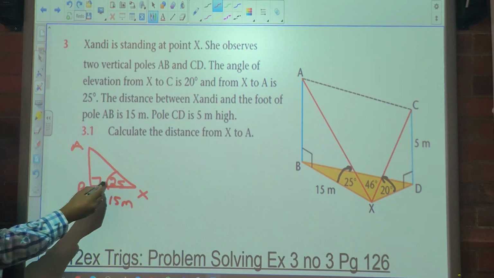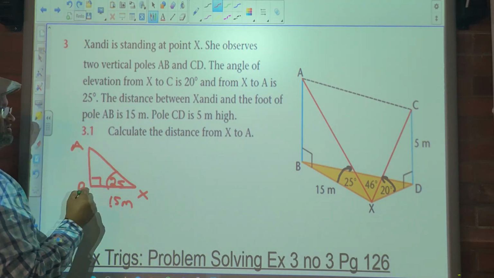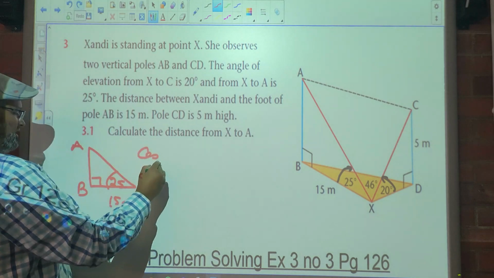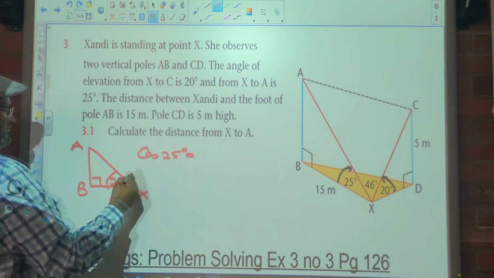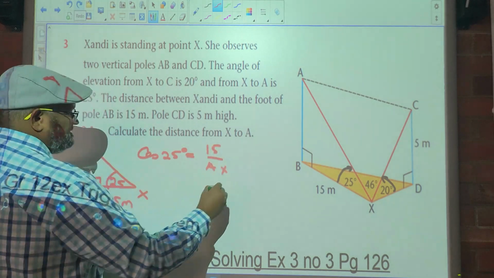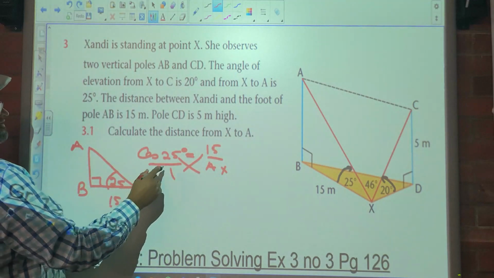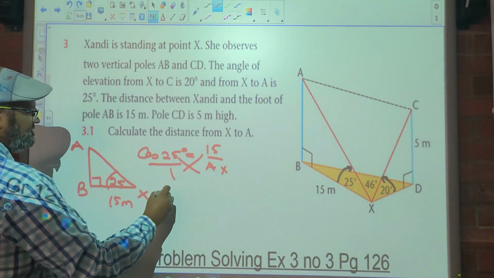So which trigonometric function uses adjacent and hypotenuse? So you say cos of 25 degrees equal to adjacent, which is 15, over hypotenuse, which is AX. Cross multiply, so AX cos 25 is equal to 15, divided by cos 25 both sides.